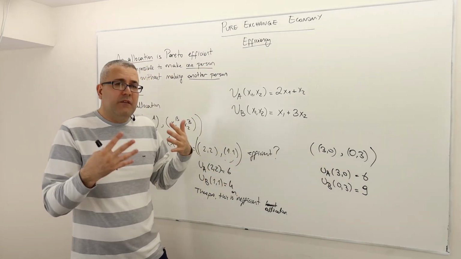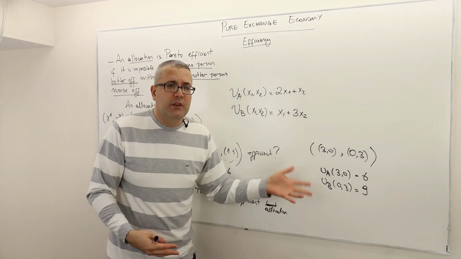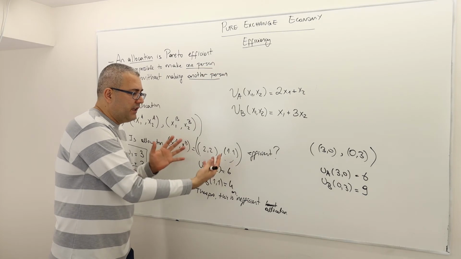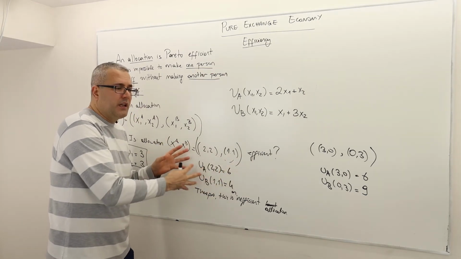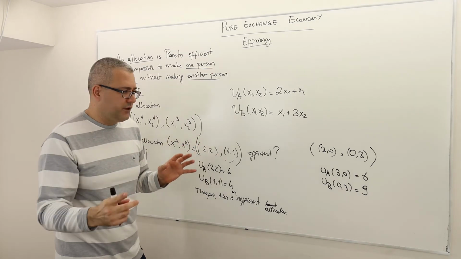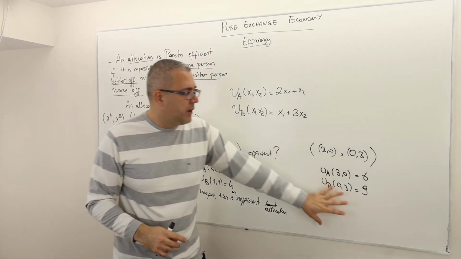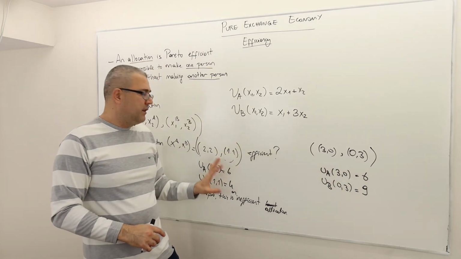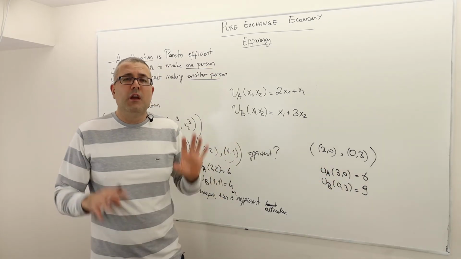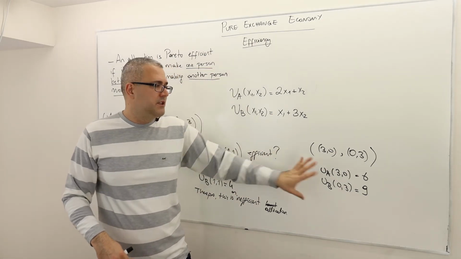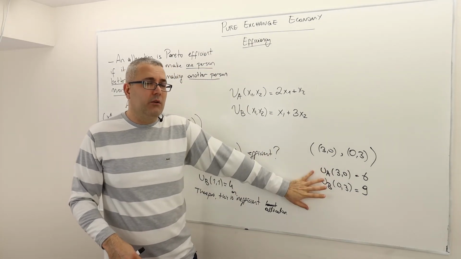All right. So if I can find such an allocation, then I can say that the allocation that I'm checking is in fact not efficient. Once again, there might be infinitely many such bundles which are better than this one for both agents. But I don't care. All I need to do is just find one such bundle or allocation.